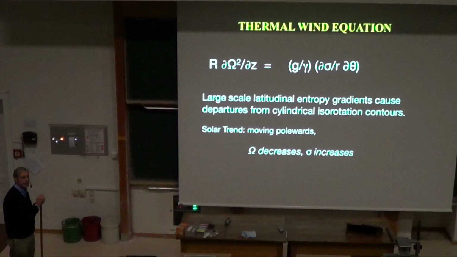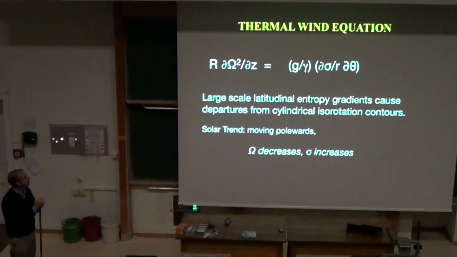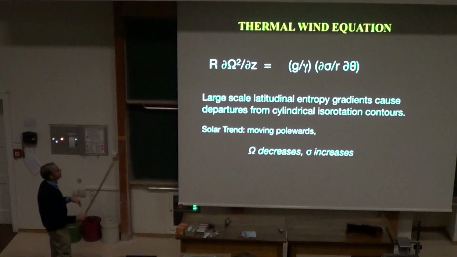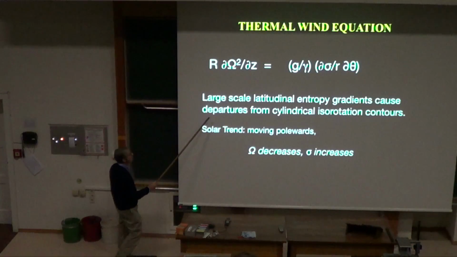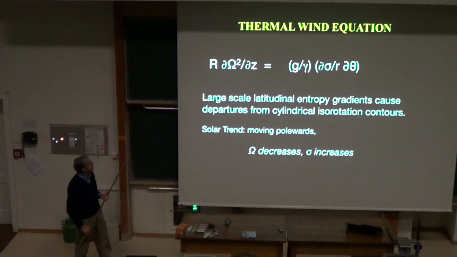entropy. Evidently, it predicts that the sun should have some kind of a dependence on theta, and the entropy should change, and what that means practically is that the temperature should change from poles to equator. Large-scale latitudinal entropy gradients cause departures from cylindrical isorotation contours.